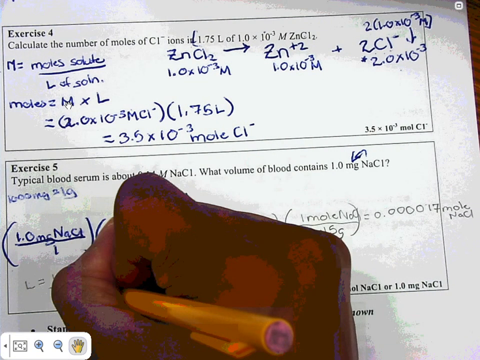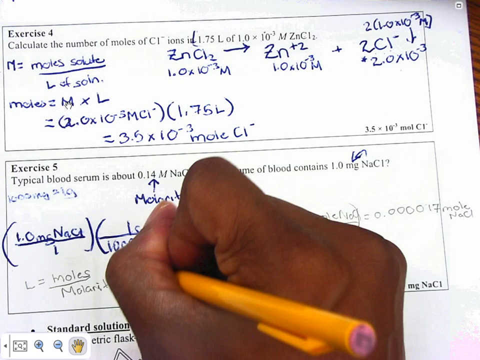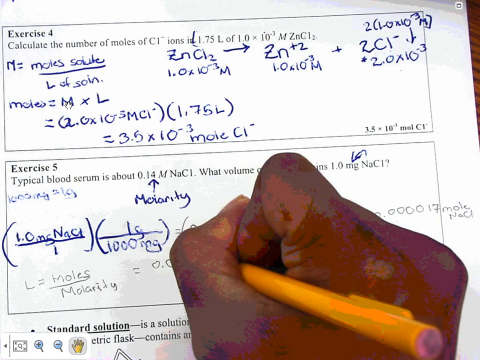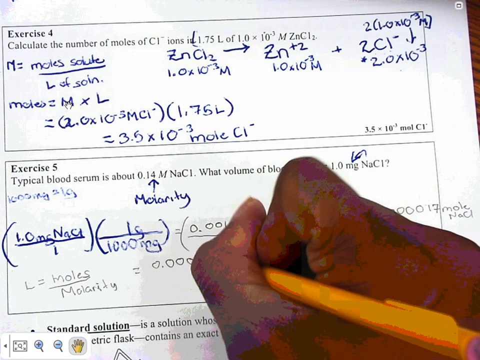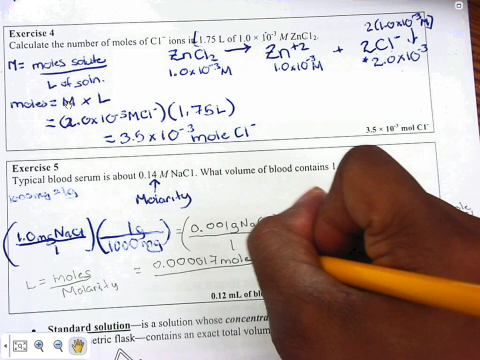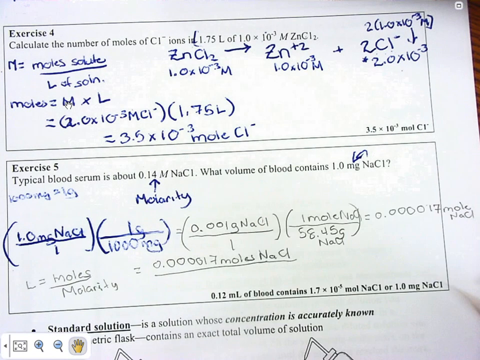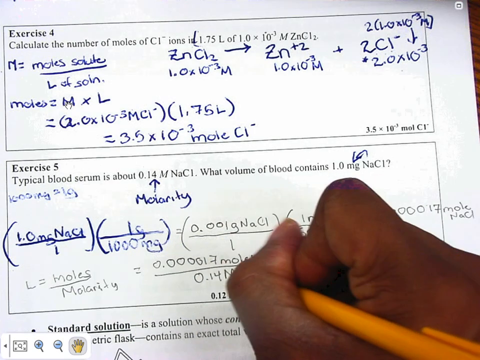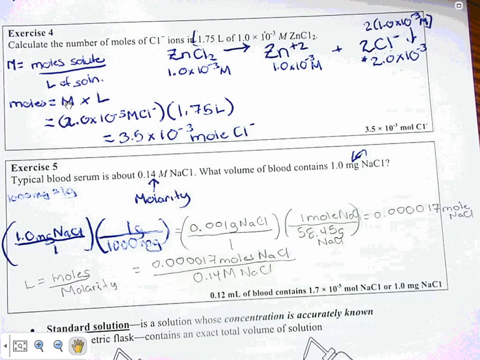And so I'm just going to essentially plug in my numbers where I know that 0.000017 moles of NaCl is going to be divided by my 0.14 molar concentration of NaCl.